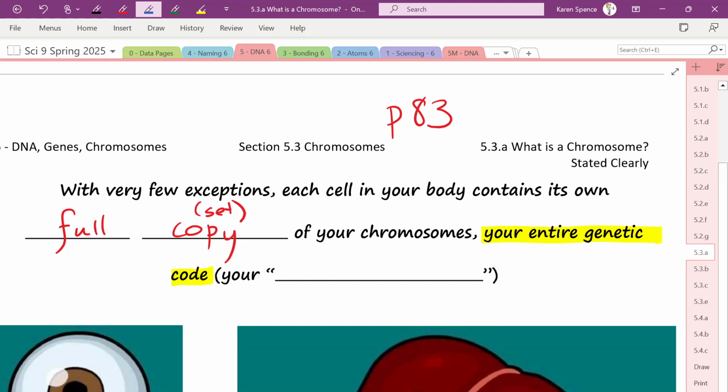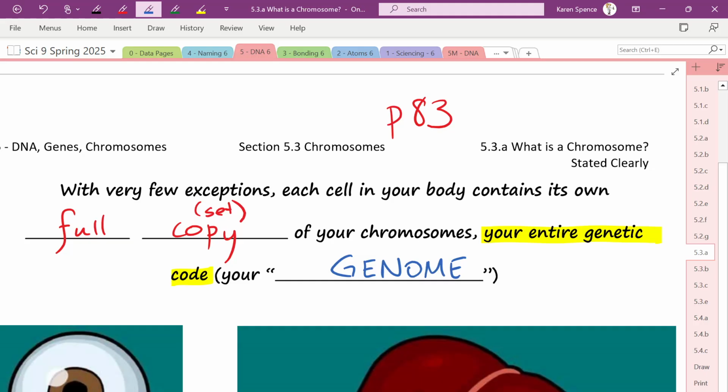We just learned it. The genome. Your genome. Every single cell contains your entire genome. Okay? The only cells that don't contain your entire genome are the eggs and the sperm. They only contain half.